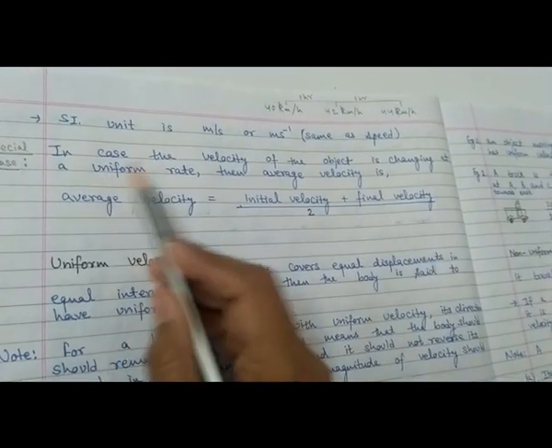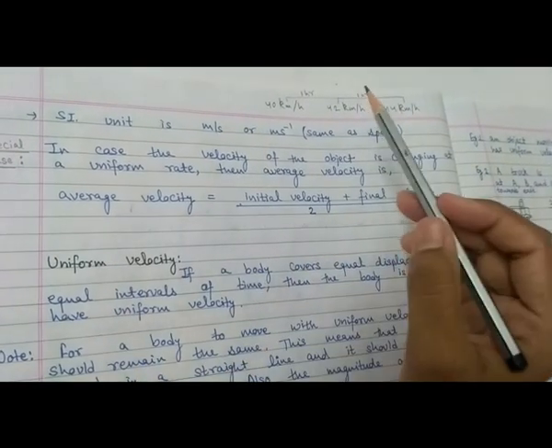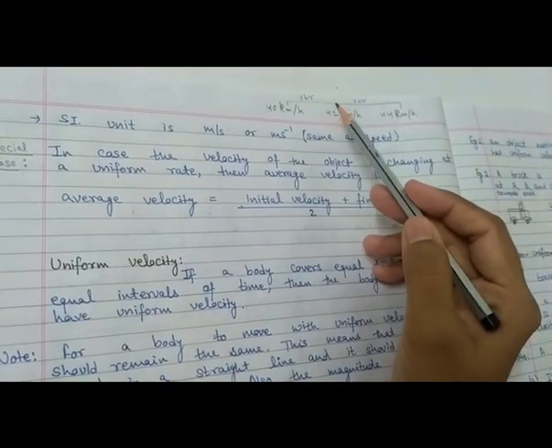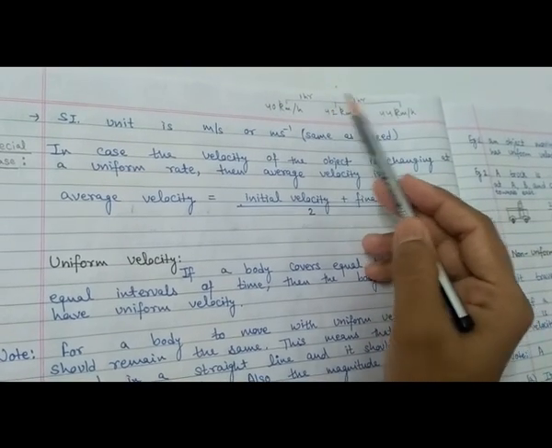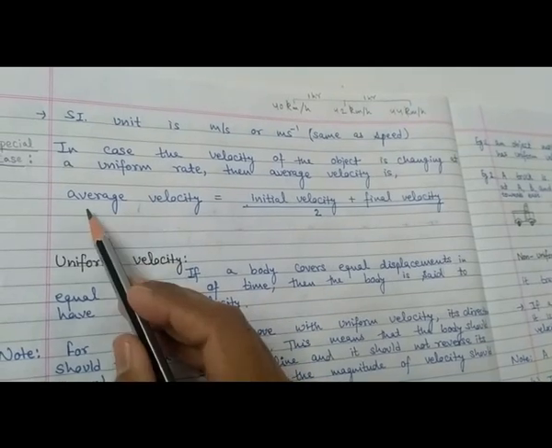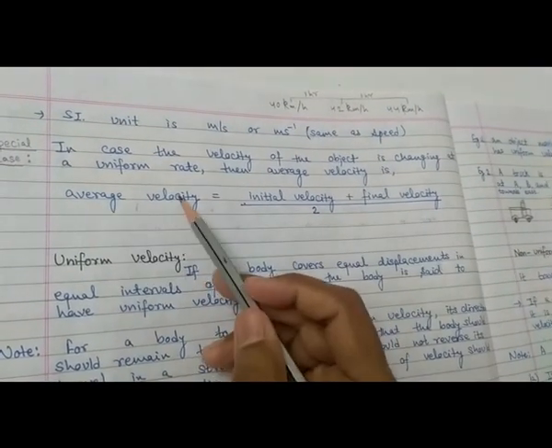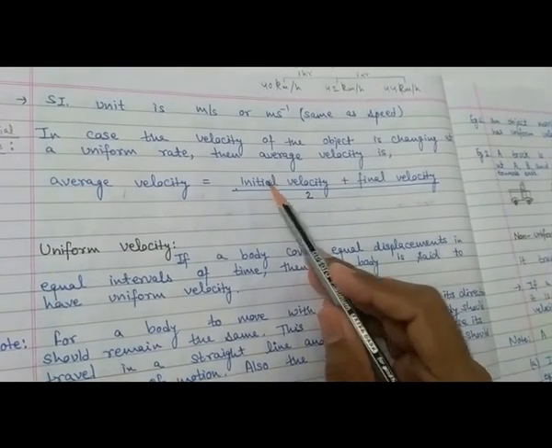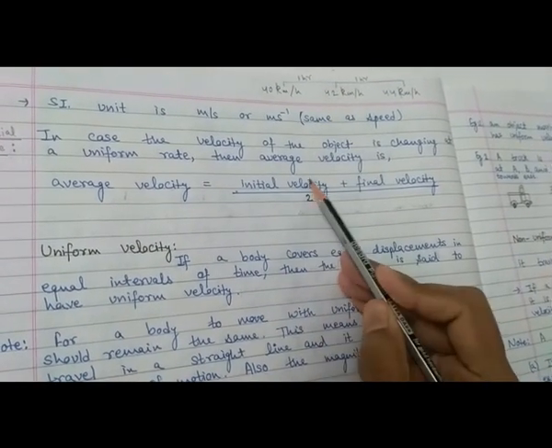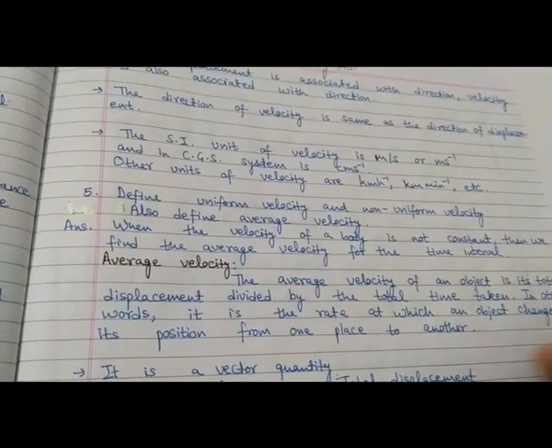It is changing at a uniform rate. If this is the case, that the change is uniform, then there is a special formula that gives average velocity as initial velocity plus final velocity divided by 2.